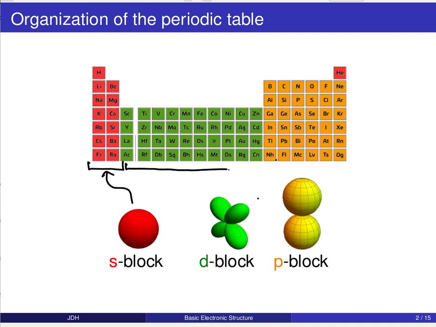This central set of 10 columns places electrons in d orbitals, and the final 6 columns place electrons in p orbitals. And we can see that the periodic table naturally groups these sorts of elements together, making our s, p, and d blocks. Now, it turns out that there are a lot of other interesting trends that fall out of this arrangement of the elements, as illustrated here.